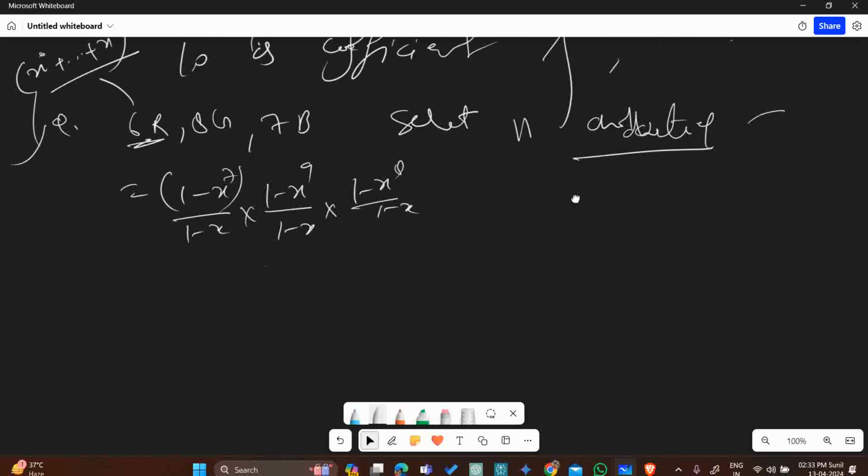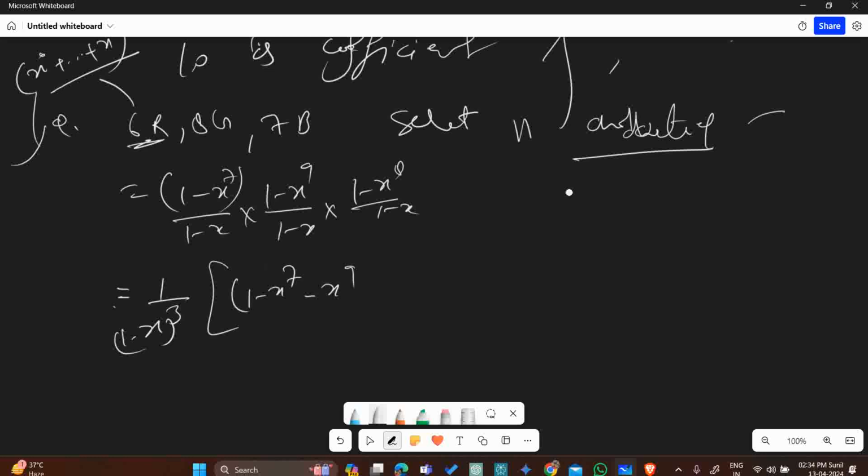Right? So now what we can do is, this is 1 upon (1 minus x)^3, and we multiply this by (1 minus x^7 minus x^9 minus x^16 and 1 minus x^8), like this.